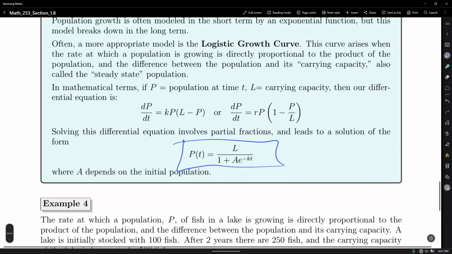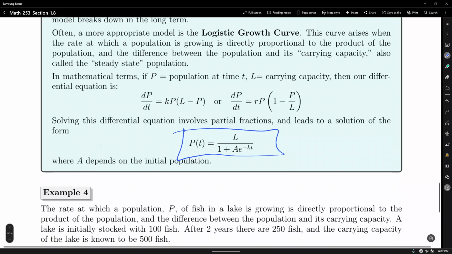We have the exponential term in the denominator. The denominator gets larger and larger. So we divide by a larger number, we get a smaller number. In that sense, we are converging to some value, not diverging to infinity like the other exponential model.